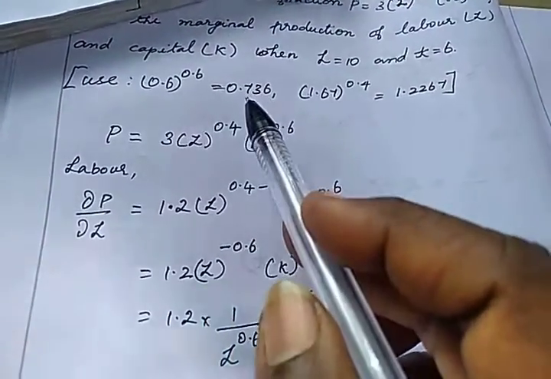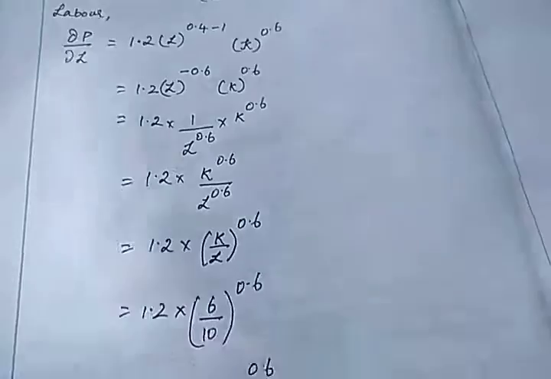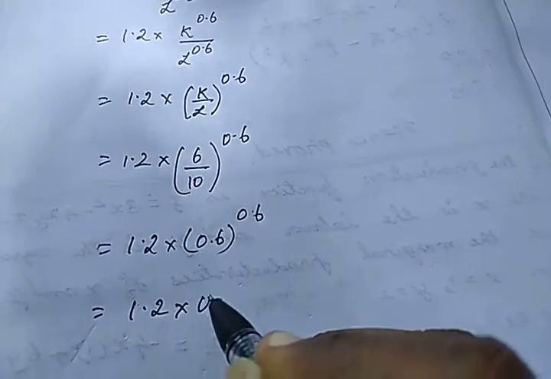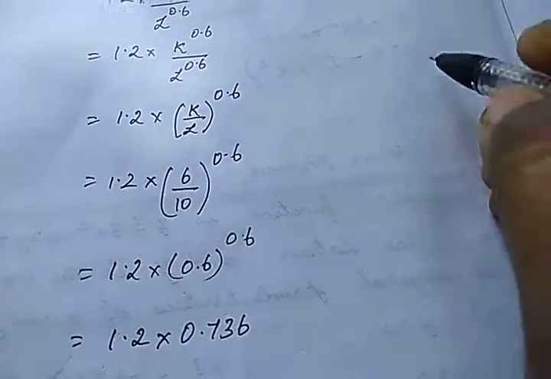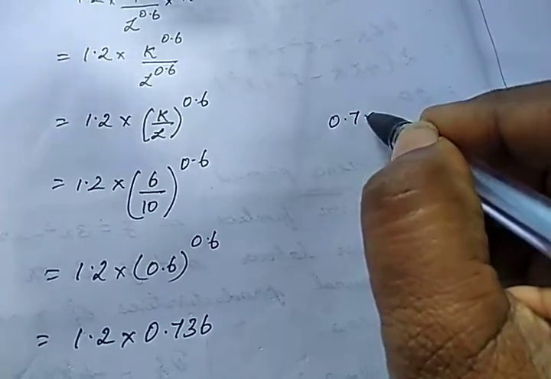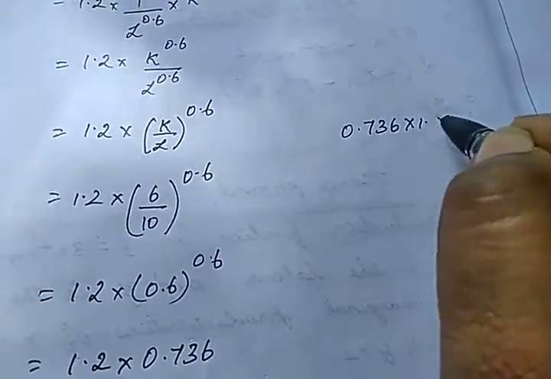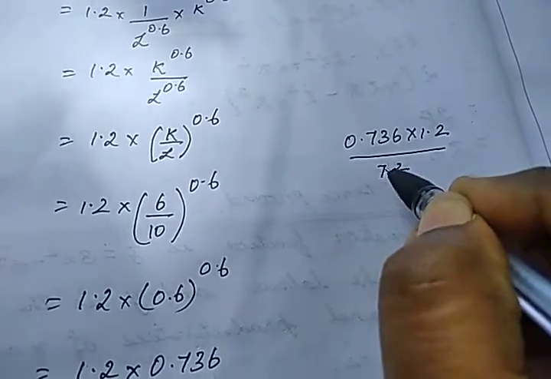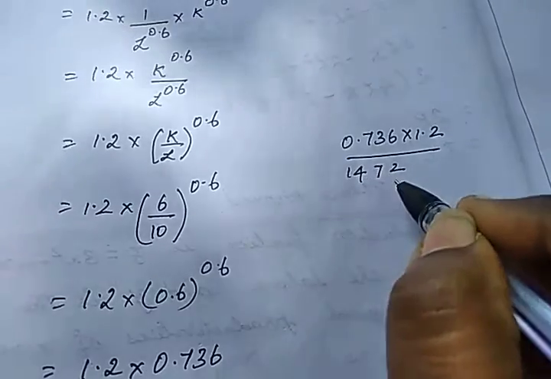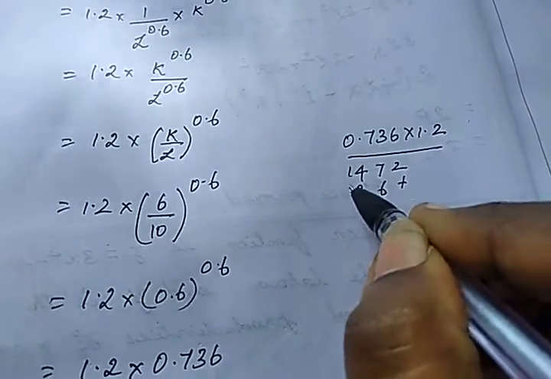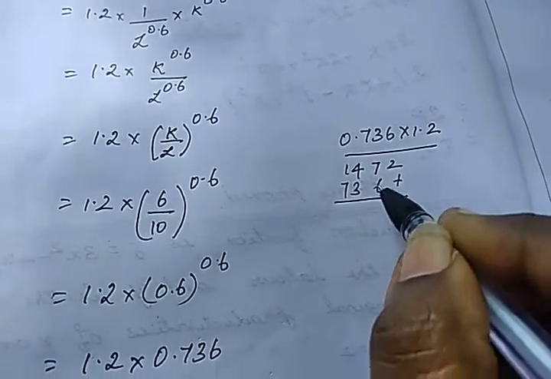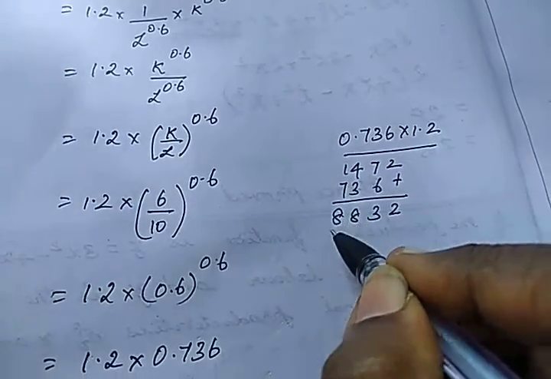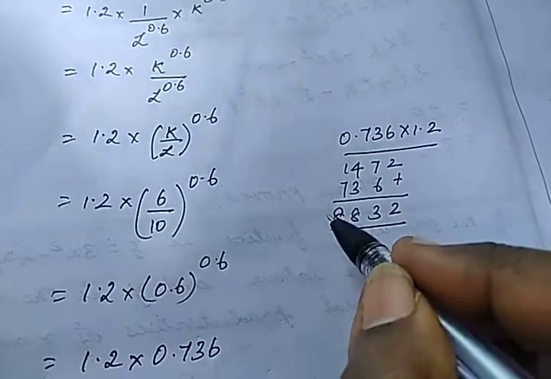0.6 power 0.6 is 0.736, which is equal to 1.2 into 0.736. Now multiply 0.736 into 1.2. 6 2s are 12. 3 2s are 6, 6 plus 1 7, 7 2s are 14. 6 3 7, add it, 13 1 4, 4 8, 7 plus 1 8, 1 2 3 4.